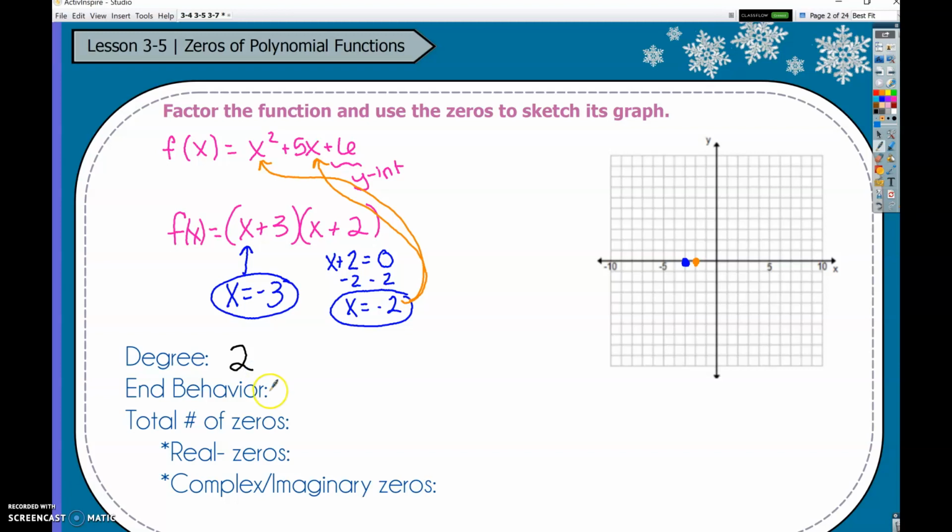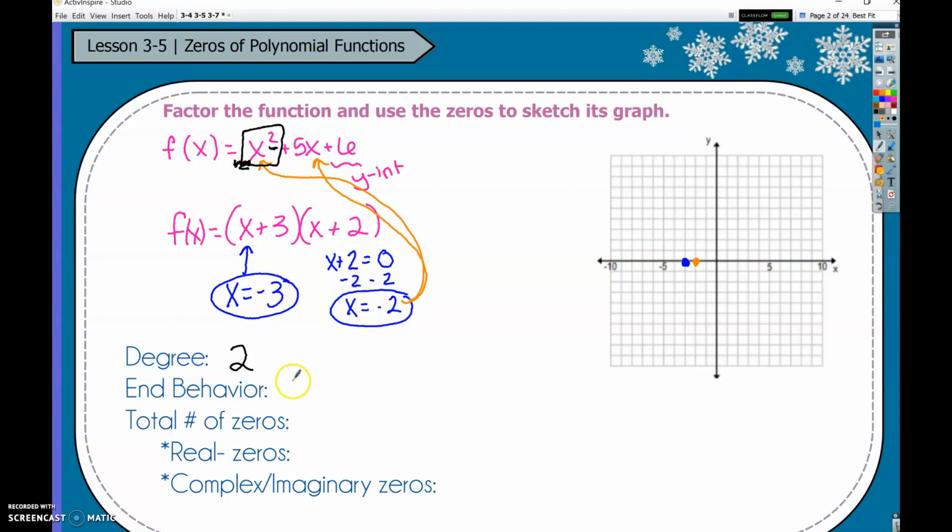The end behavior, remember we discussed that if you look at the highest degree, or the highest power, if you will, and it's in standard form, the sign out front and the degree will tell you how the ends behave.